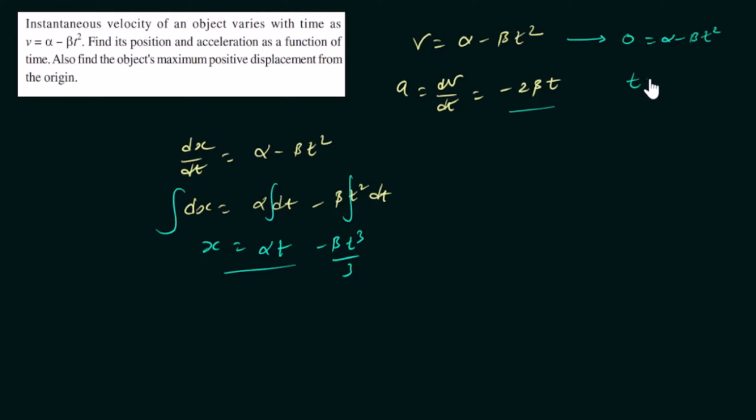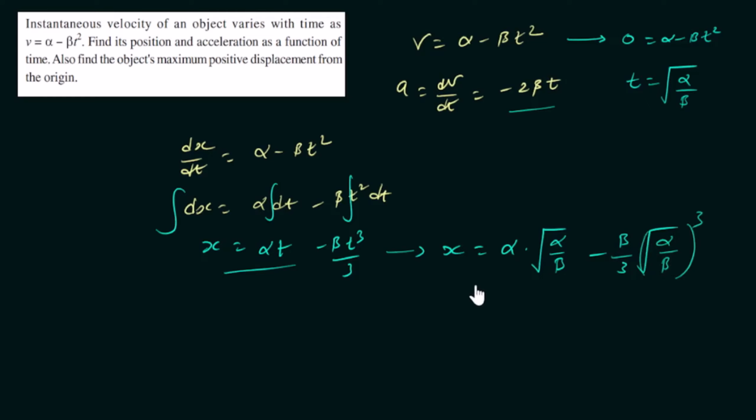So here time will be square root of alpha by beta. We are going to put this particular value here. So x will be equal to alpha root alpha by beta minus beta by 3 times root alpha by beta to the power 3.